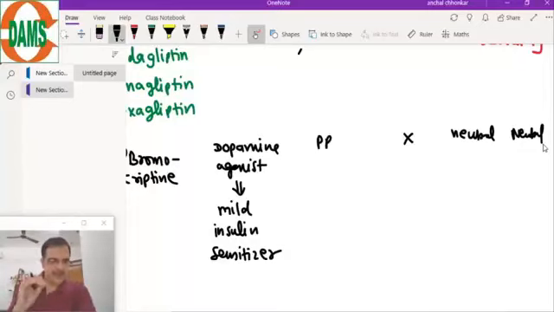And this bromocriptine should be taken in the early morning, so the circadian rhythm of the dopamine is matched, and that will have an effect.